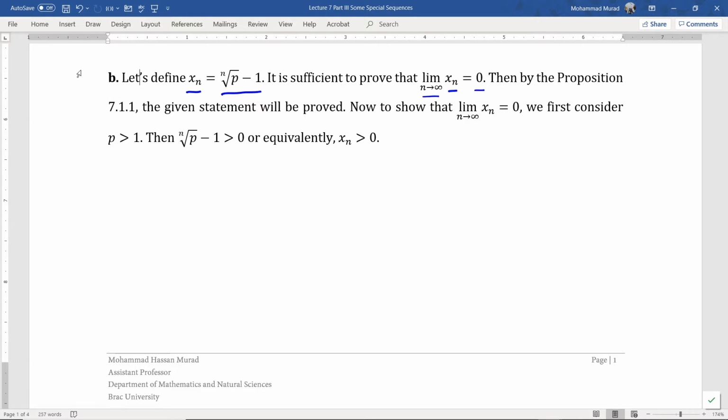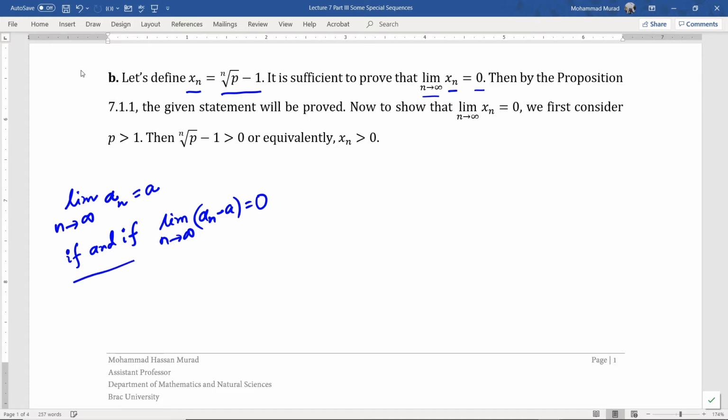Then, by Proposition 7.1.1, namely, this proposition says the limit of a sub n as n approaches infinity equals a if and only if the limit of this new sequence a sub n minus a as n approaches infinity equals 0.